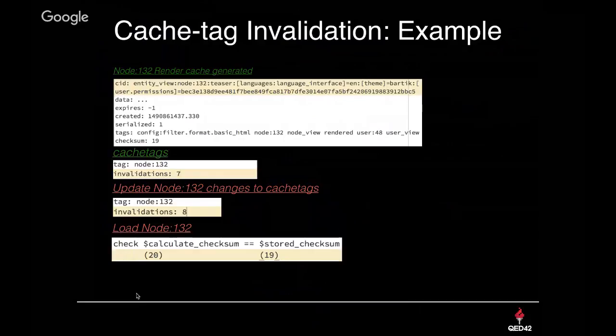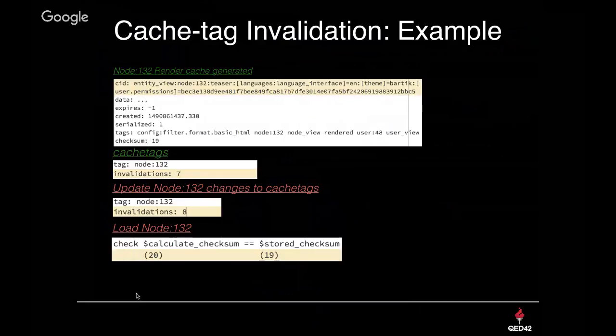So it's the sum of the invalidation values, or invalidation counts, of node 132, node_view, rendered, user:48, and so on. Whenever Drupal is trying to cache or store cache for a render array, it will go ahead and sum up the current values of all of the cache tags as a stored checksum.